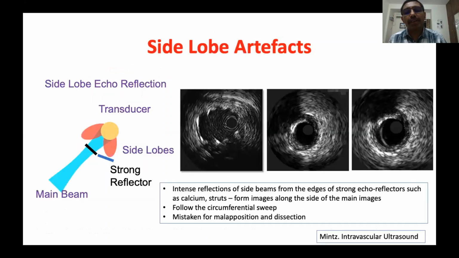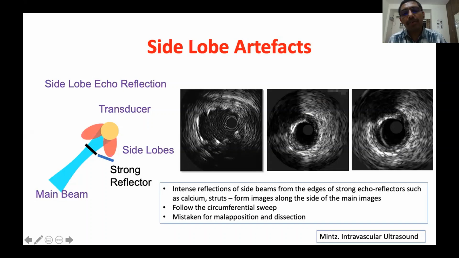And what is side lobe artifact? Usually the main lobe is the one which contributes to the formation of the image. These side lobes are usually innocuous. When they encounter strong reflecting surfaces like stent edges or calcium, they too contribute to the formation of the image.